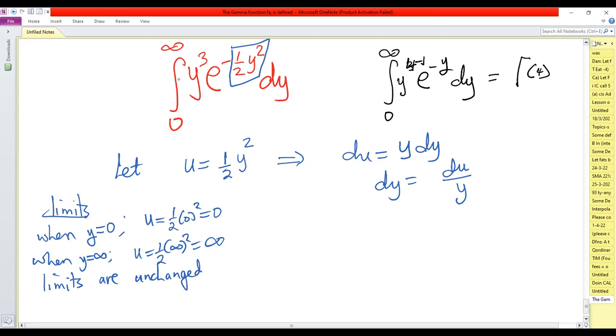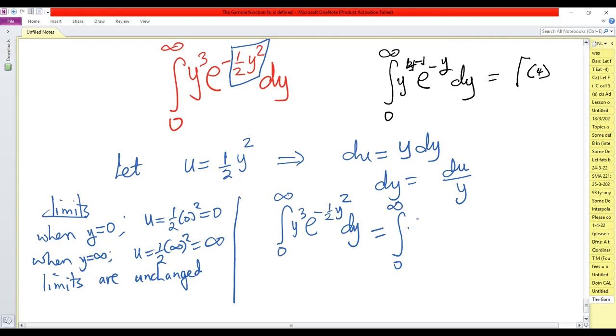Now, therefore this integral from 0 to infinity of y power 3 e raised power negative a half y squared dy will be the integral from 0 to infinity of y power 3 e raised power negative u, because I've fixed this part to be u, and where there is dy, we put du over y.